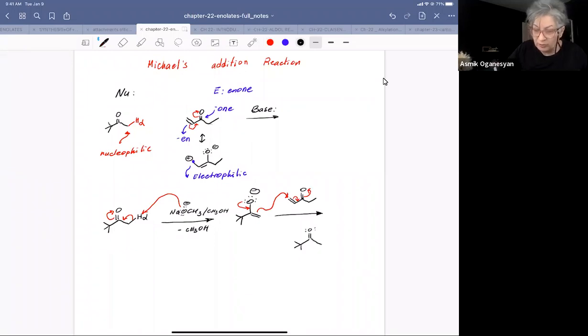I'm going to put the newly formed bond in a different color so it will be well visible. And now we will put the rest of the molecule here. Let's identify that electrophilic carbon and nucleophilic carbon so it's well visible for you guys.